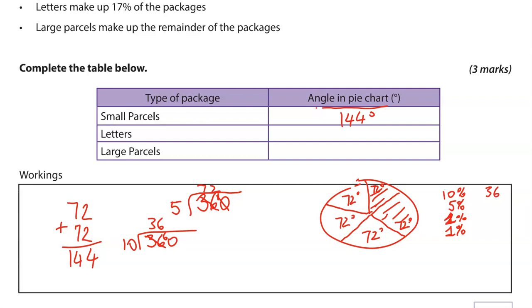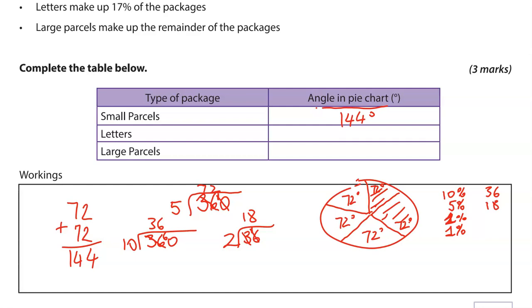So what is half of 36? If you don't know this by heart, how many 2's fit into 3? That is 1. And then we have 1 remaining. How many 2's into 16? That is 8. So 5% is 18.